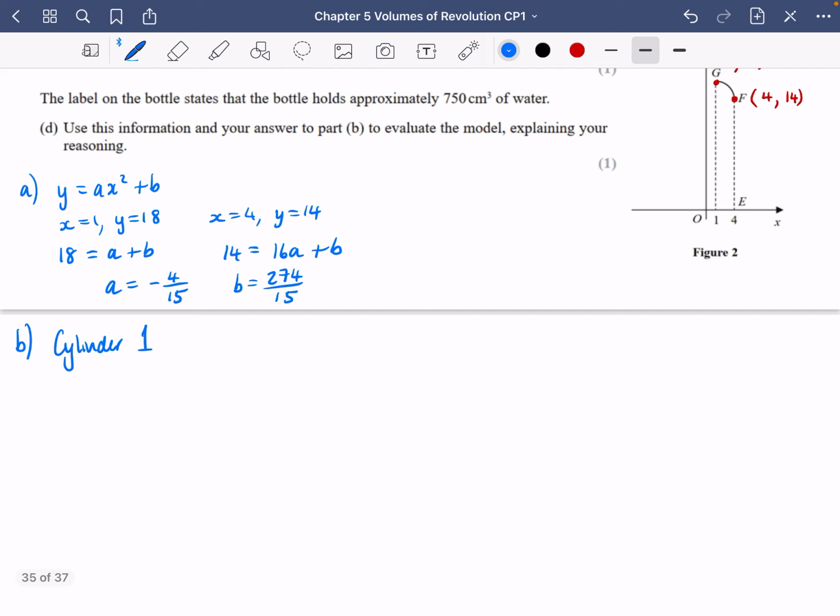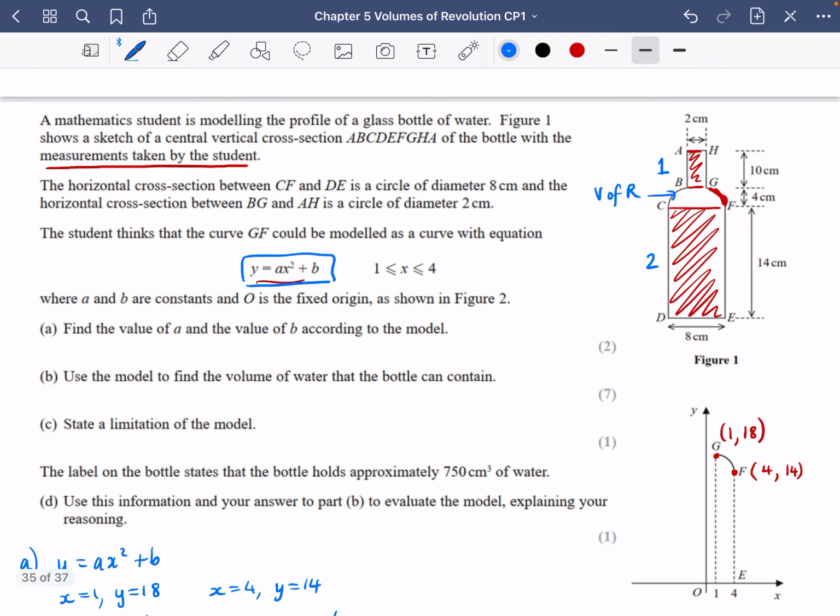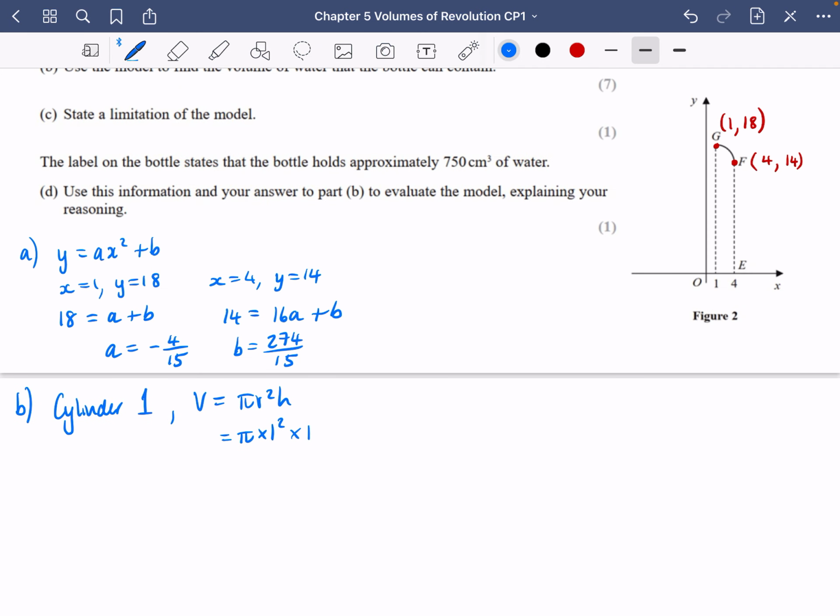So the volume of this cylinder is going to be pi r squared h. So that's pi times 1 squared, and I think the height of that bit is just 10. So it's just going to be 10 pi. Now I'm going to have a look at the second cylinder, which is the big cylinder at the bottom.